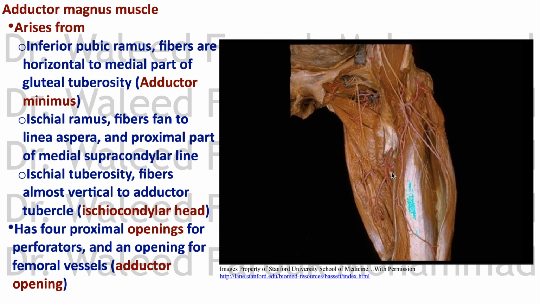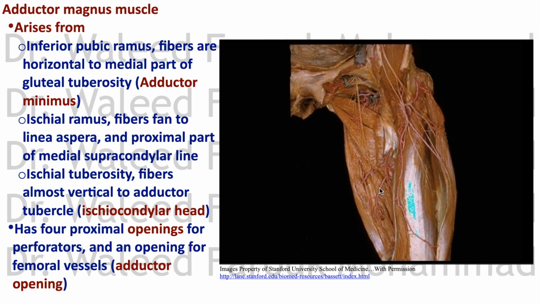The femoral artery passes in the lower aperture in the adductor magnus and becomes the popliteal artery, together with the femoral vein. This is called the adductor opening.